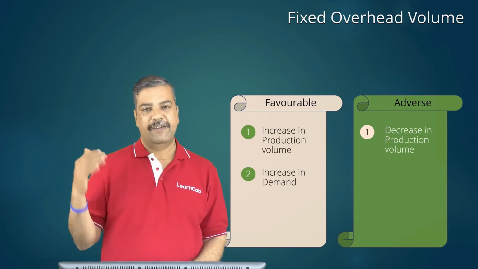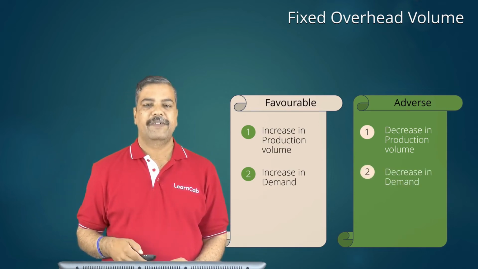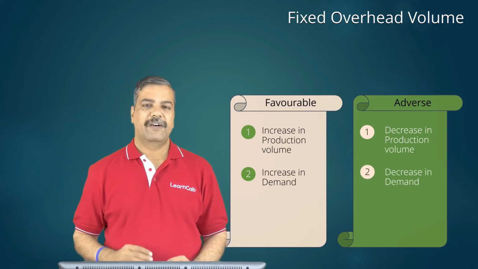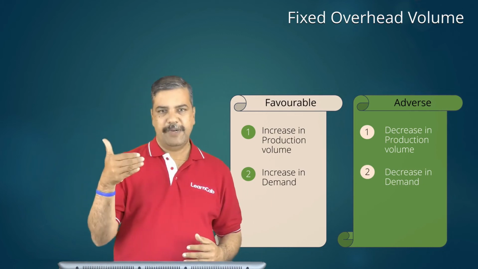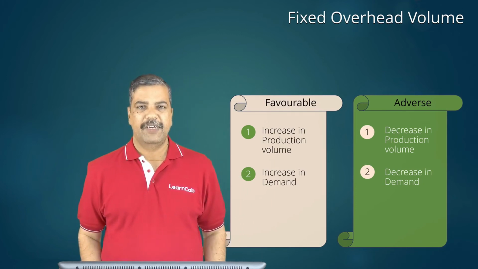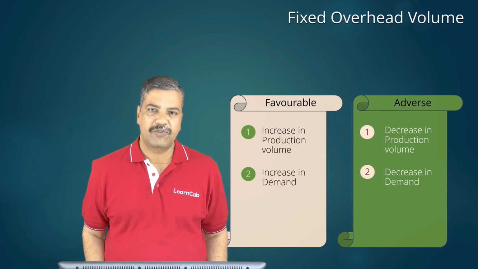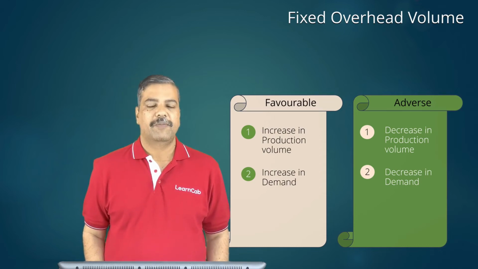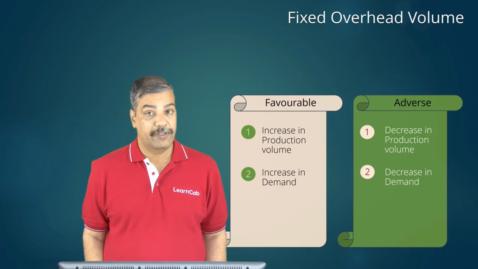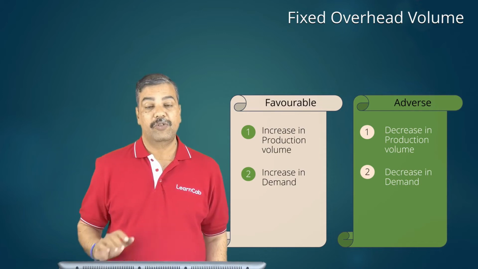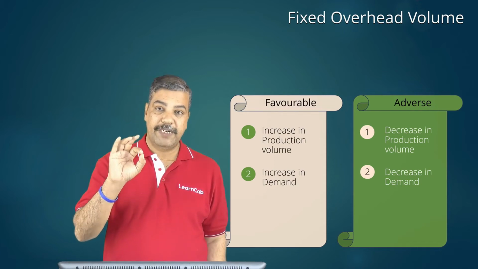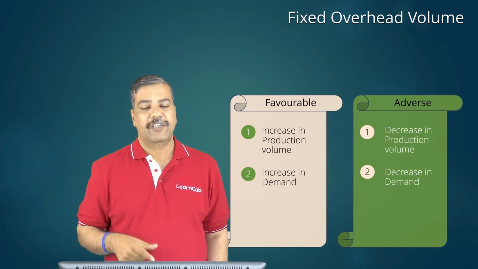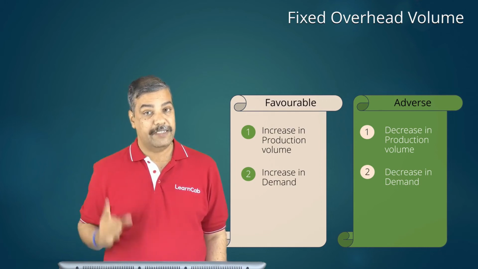But when we talk about the adverse effect, whenever there is a decrease in demand, for various reasons, and the demand for that particular product is coming down, that means your manufacturing activity is also not continuing, because when there is no demand, there will be no manufacturing. But fixed cost needs to be incurred even though you don't manufacture anything, even if you close your company for that particular month because of no orders, no demand. So it's an adverse impact if the demand is decreasing.